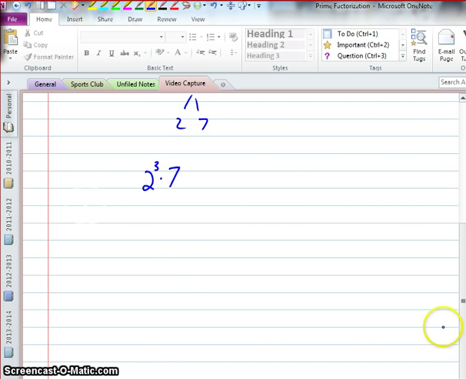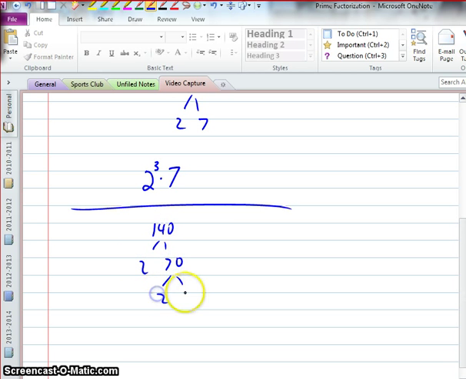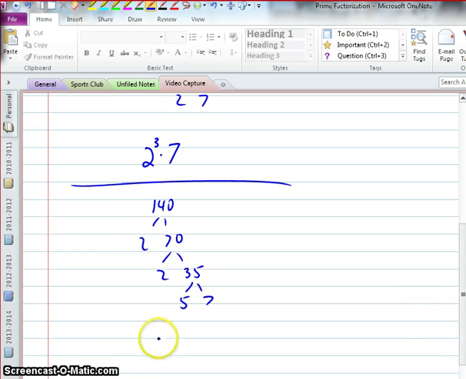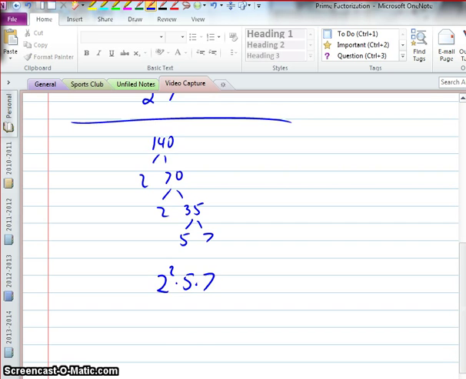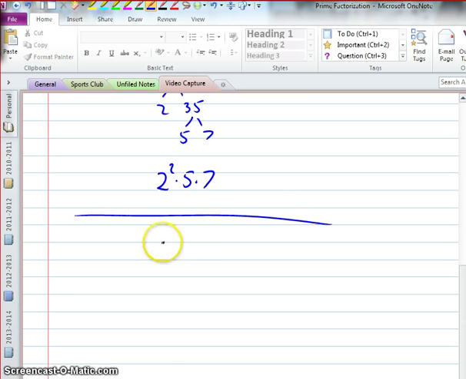A couple more examples just to make sure we got the idea. If we had, say, 140, we would again start with 2, and then again 2. 35, 2 is not a factor, but I believe 5 goes into 35 7 times. And then once you have all prime factors here, you finish factoring a number. So we have 2 squared times 5 times 7. One more. New Orleans area code, 504.